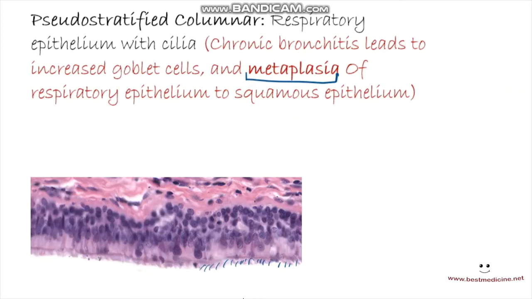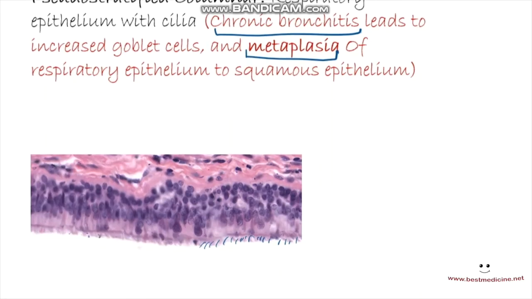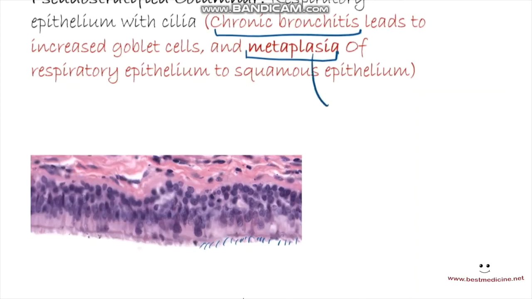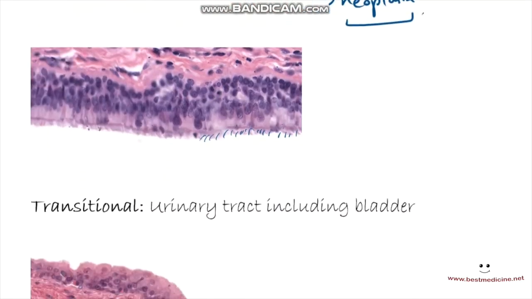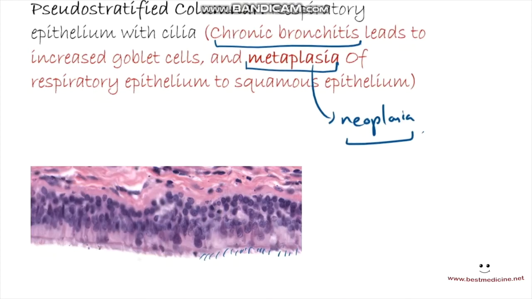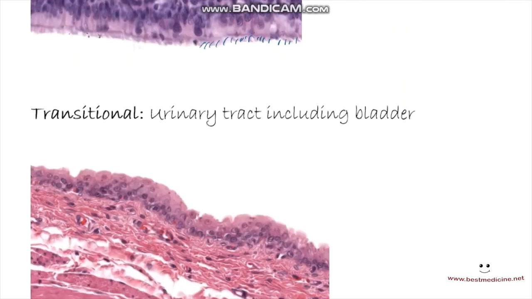And in this case, there's metaplasia of respiratory epithelium to squamous epithelium in chronic bronchitis, and it especially occurs with smokers, because due to smoking, there's continuous stress being placed upon the respiratory epithelium, and it results in metaplasia of respiratory epithelium to squamous epithelium. Continuous metaplasia can lead to neoplasia, which is sort of a precursor to cancer metastasis. This is reversible though. If you remove the stress, it is usually reversible.